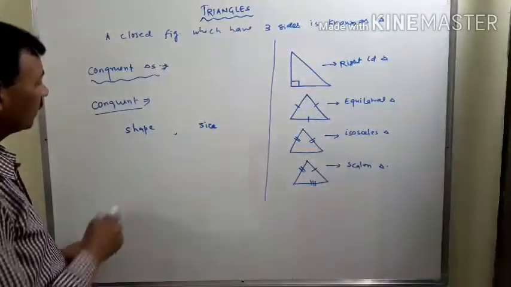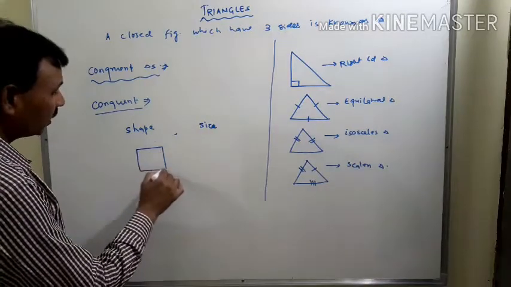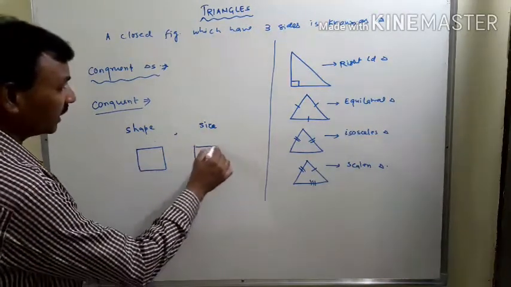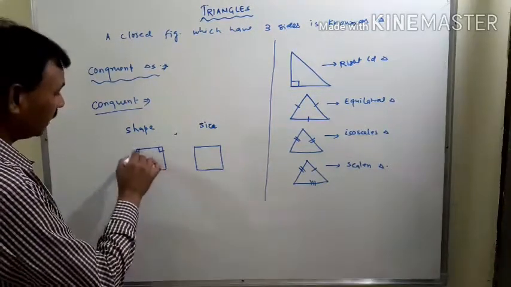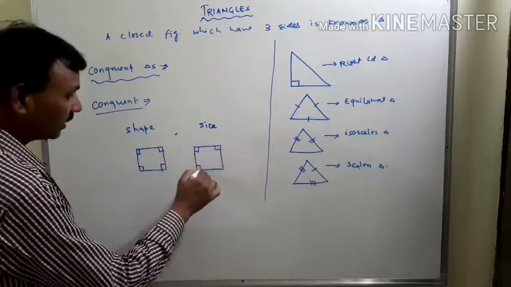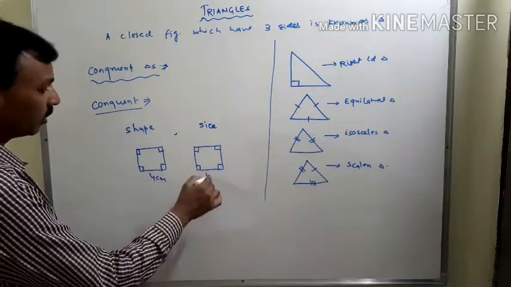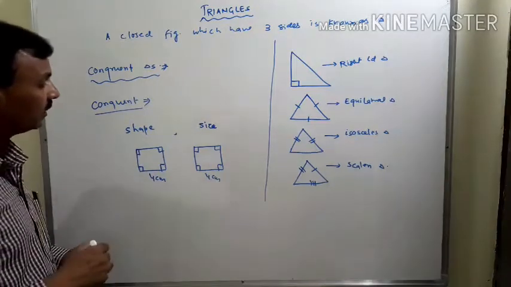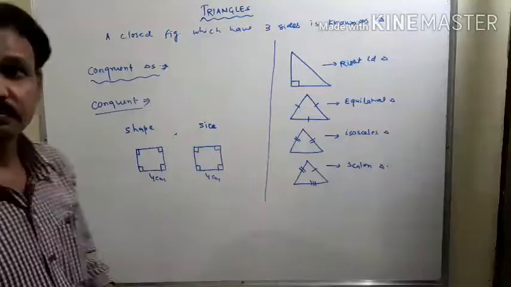If we take two squares of the same size, that means both shapes are squares and the side of both squares is 4 centimeters, then we can say that both shapes are congruent.